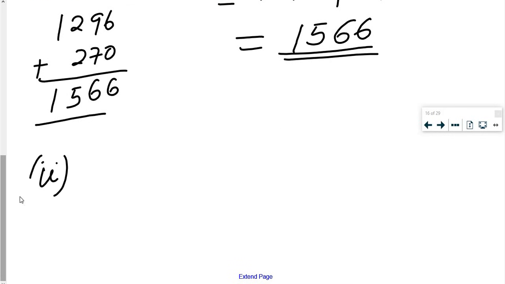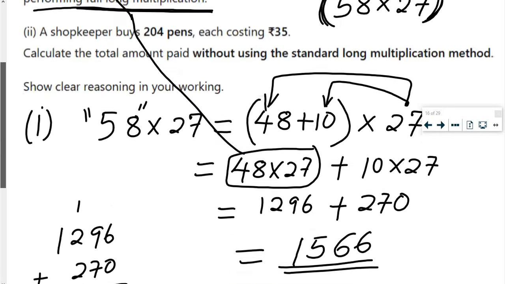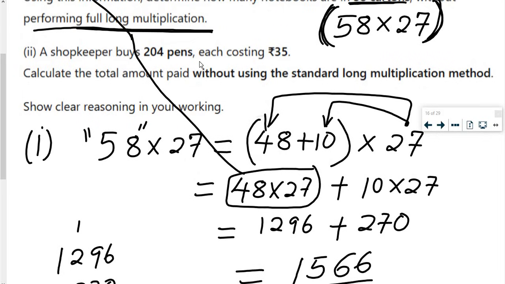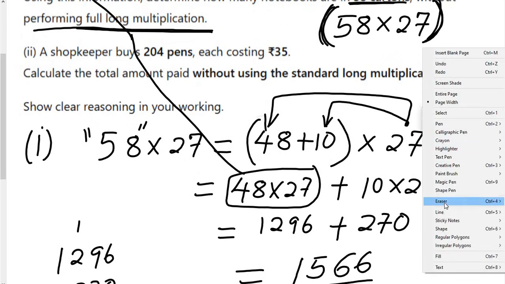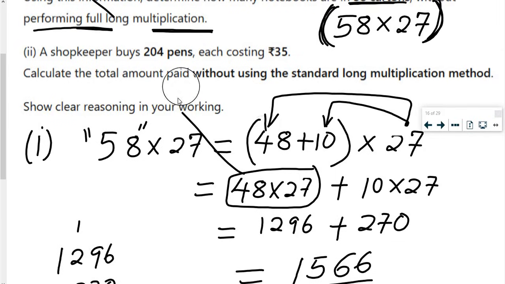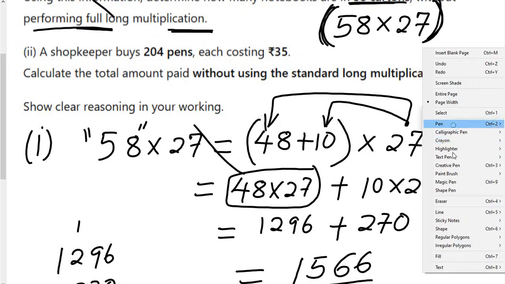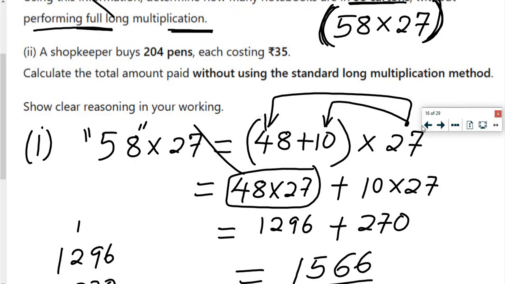Second question. A shopkeeper buys 204 pens, each costing 35 rupees. That means you're going to do 204 into 35. Calculate the total amount paid without using the standard long multiplication method.